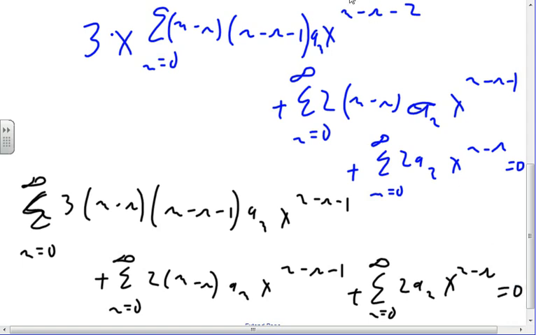Okay, I want to do a substitution. In the first guy, I'm going to have n is equal to n plus 1.